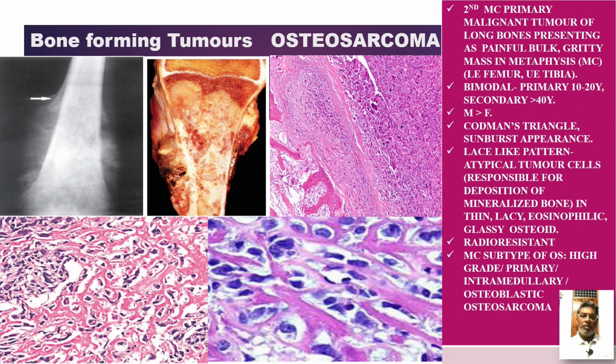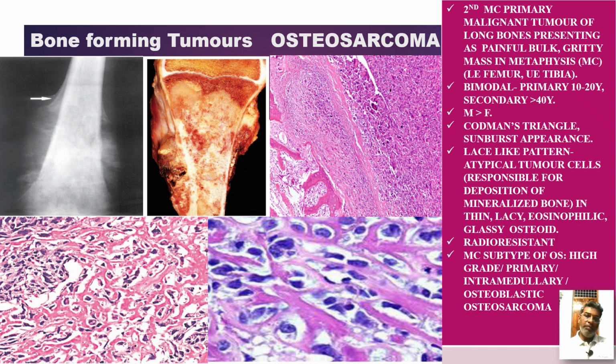Coming to osteosarcoma, it is the second most common primary malignant tumor of the long bones, and it will be presenting as a painful, bulky, gritty mass in the metaphysis region most commonly, and it involves the lower end of the femur and upper end of the tibia.